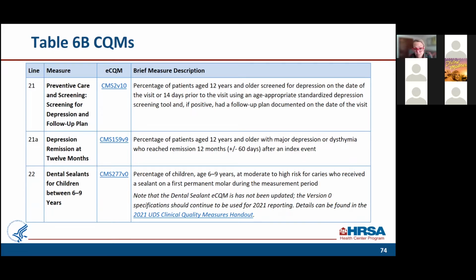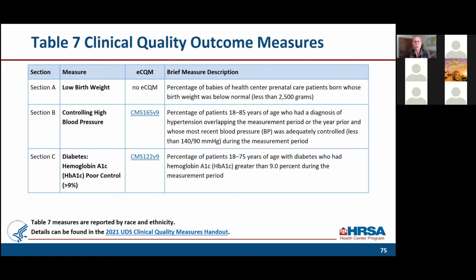A few notes: the dental sealant eCQM specifications have not been updated. Version 0 should continue to be used. And this measure is a little different in that dental patients are eligible for inclusion, while other measures are limited to medical patients. So let's move on to what we sometimes call the outcome measures.